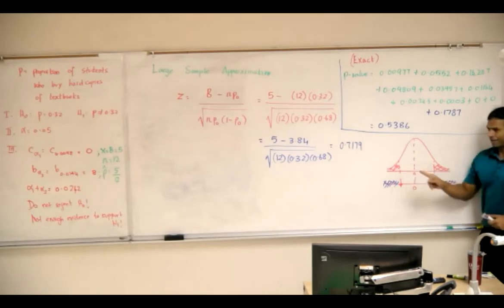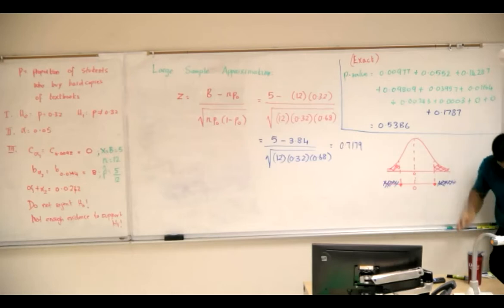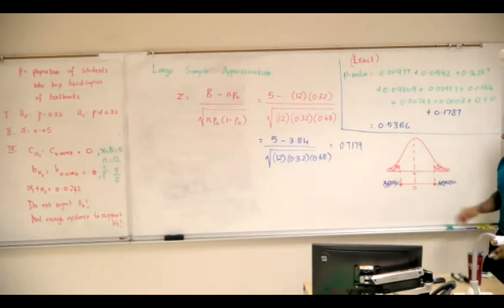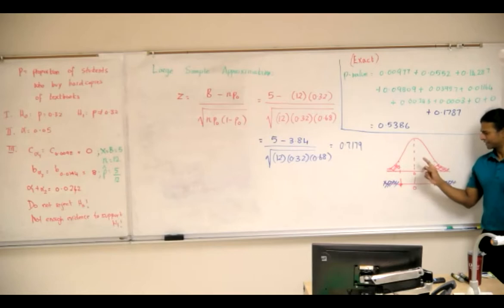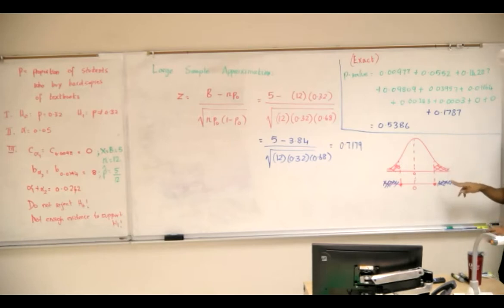That shaded area, what does that equal to? What did that equal to last time with a one-tailed test, right or left? I shaded on the right-hand side for a right-tailed test, left-hand side for a left-tailed test. Alpha.